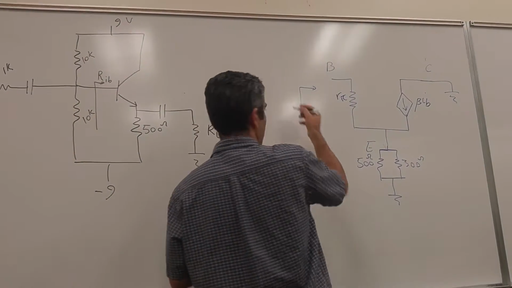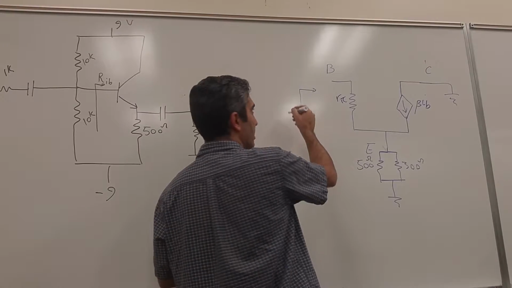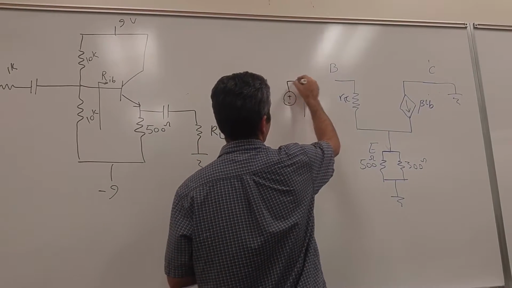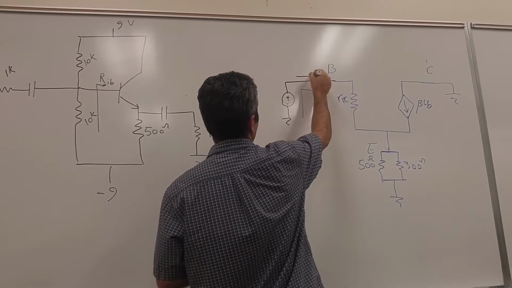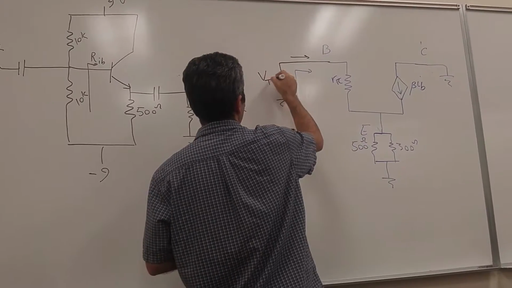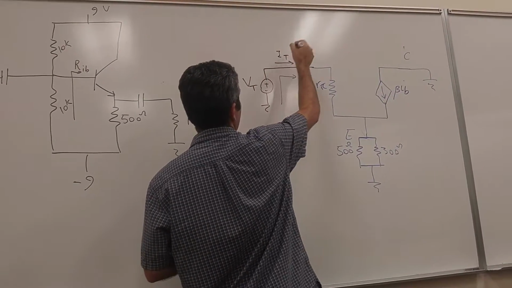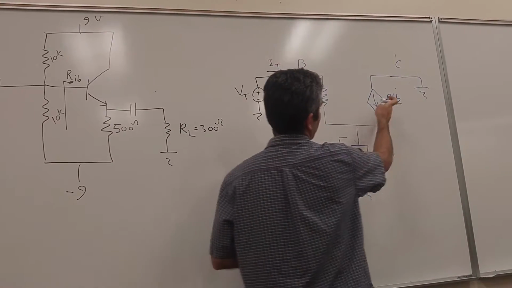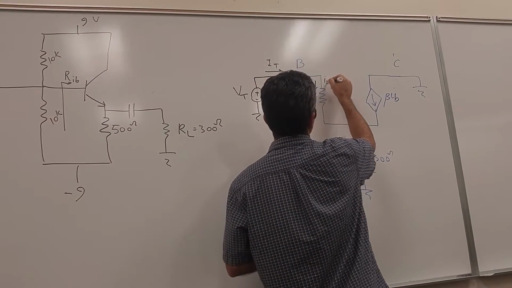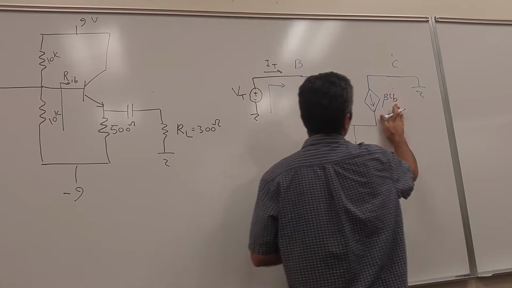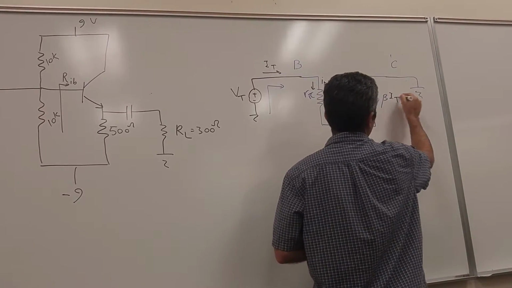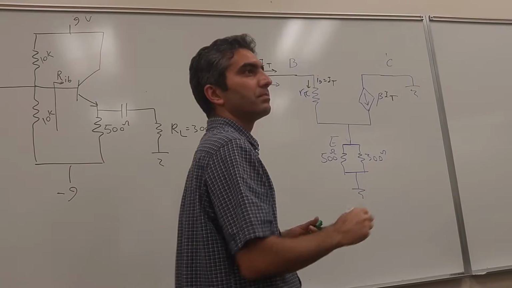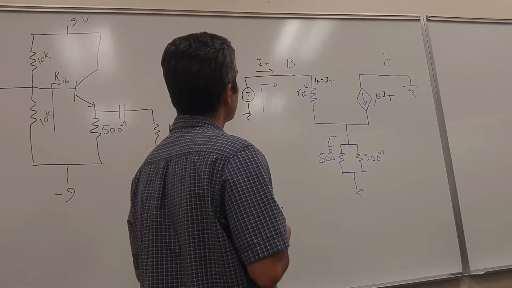So basically, do Ohm's law: connect it to a test voltage and look at the test current. So this is my VT, that would be my IT, and it happens that IT actually is your IB, right?